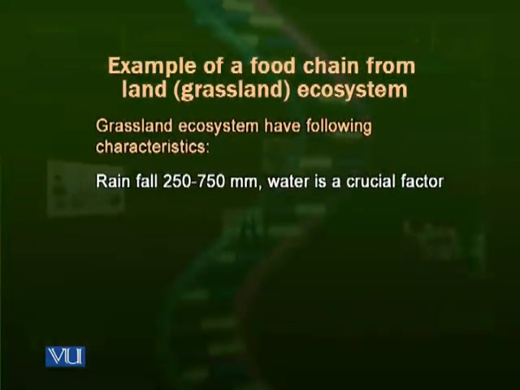The grassland ecosystems have some characteristics. The rainfall in these ecosystems is from 250 to 750 millimeters annually. This is not a sufficient rainfall. The result is that water is a crucial factor, or we can call water a limiting factor.